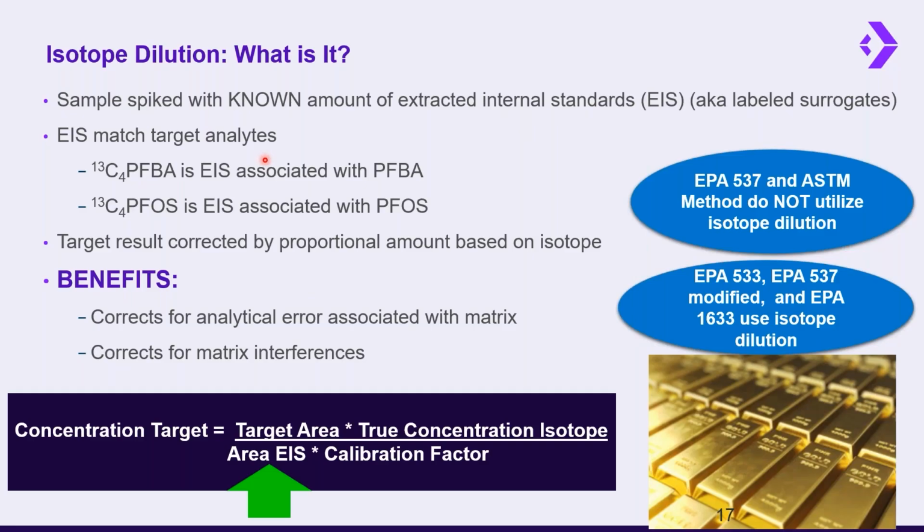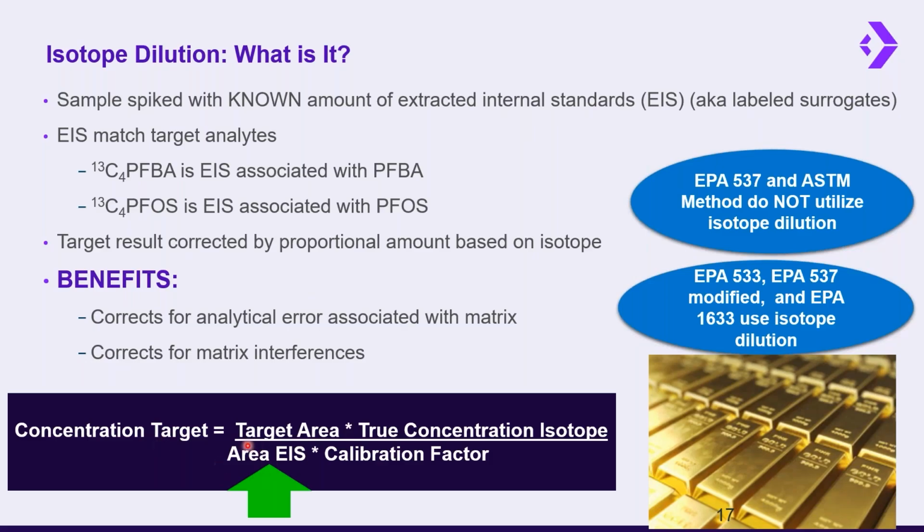And when the sample is analyzed, the concentration of the target PFAS and the concentration of the extracted internal standard are calculated. But if you look down here, the actual area count of that extracted internal standard is used in the calculation of the target PFAS. So if the actual concentration of this extracted internal standard is above or below the true value, that's going to be reflected in the area count, and then that associated target PFAS will be proportionately corrected by that amount.